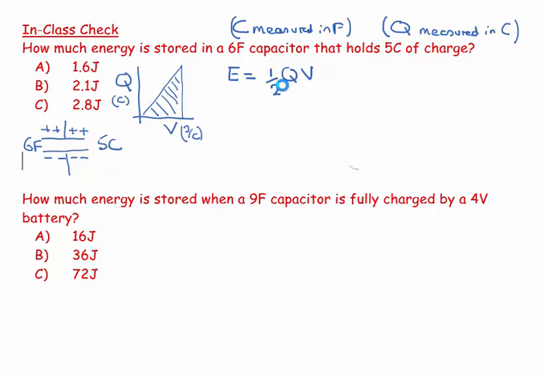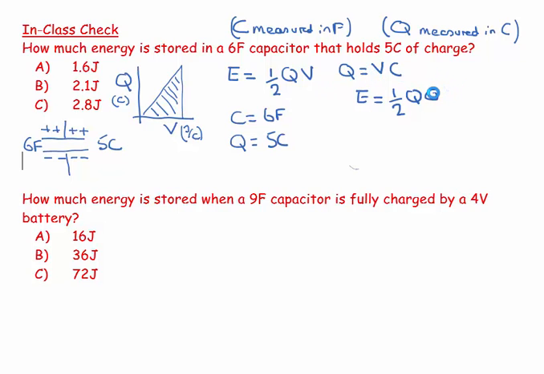Well, what do I know from today's question? I know that my capacitance is 6, and I know that my charge is 5. So not quite in the right terms. Well, of course, let's not forget that charge equals VC. So now I can just do a substitution. I want to have the thing in capacitance and charge, so I want to get rid of my volts. So my energy equals 1/2 Q times my voltage.